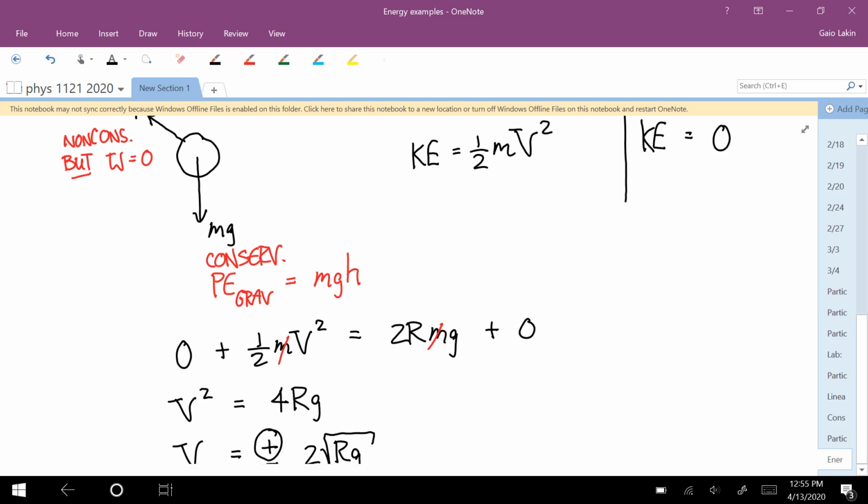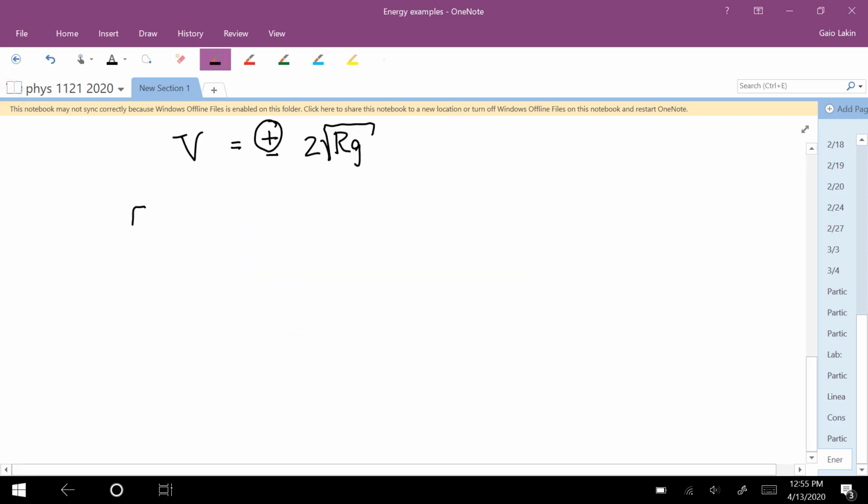Okay, let's do another one. So for this one, let's say you have a spring attached to the wall, and this spring has a spring constant k, and it's attached to like a plunger thing, like at the start of a pinball game.